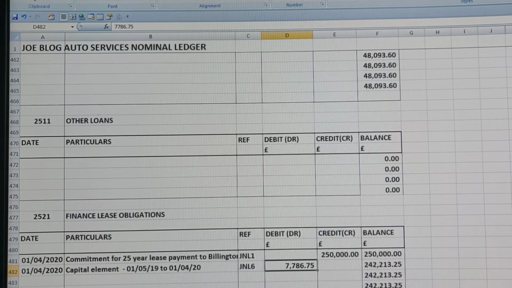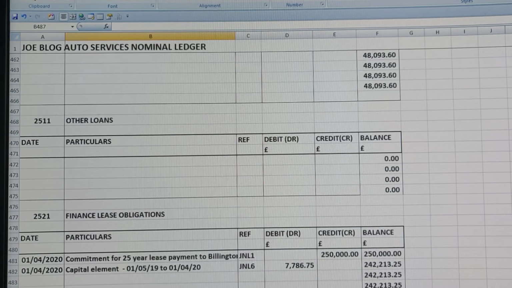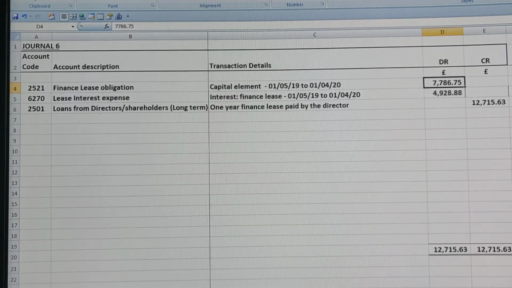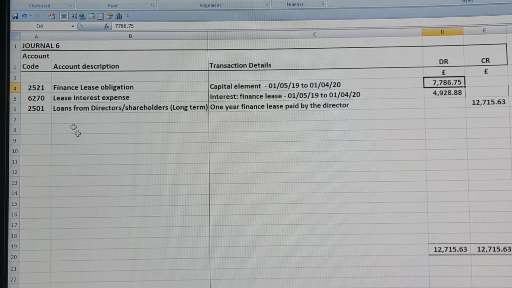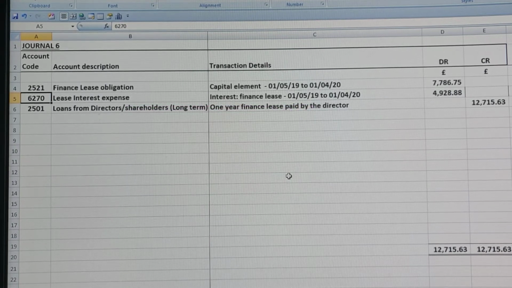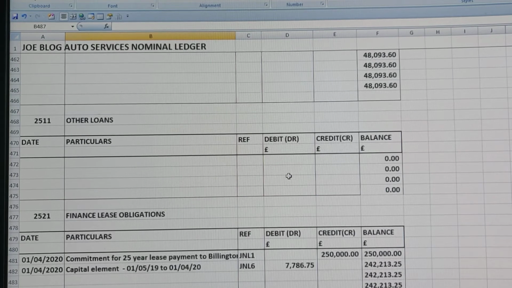Now, the other side of it, the next item on the journal list, is the interest element, which will go to the interest expense account, which is 6270. So I'm going to look for that in the nominal ledger and post it.